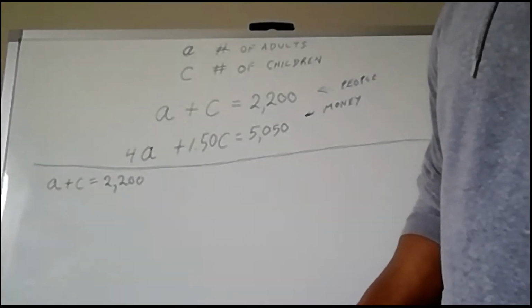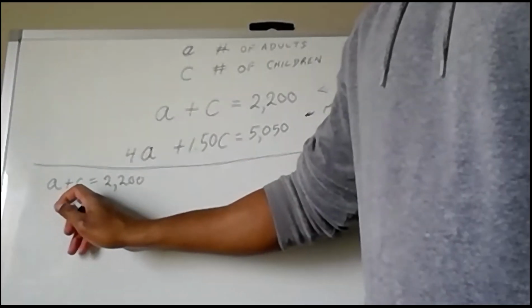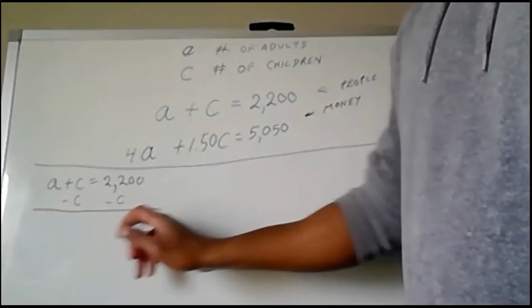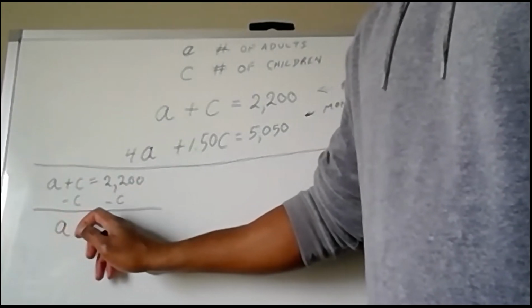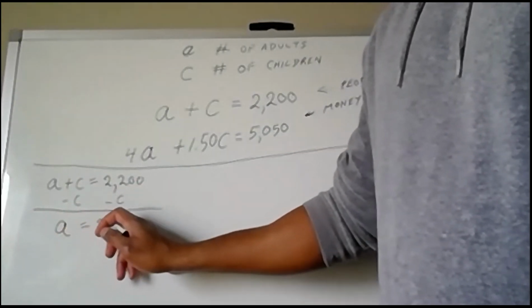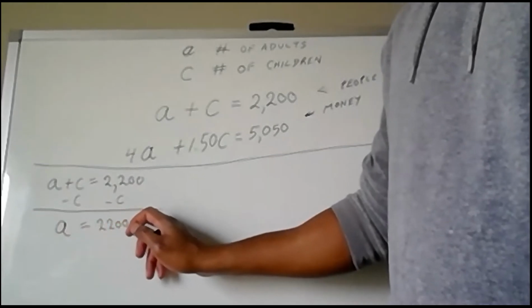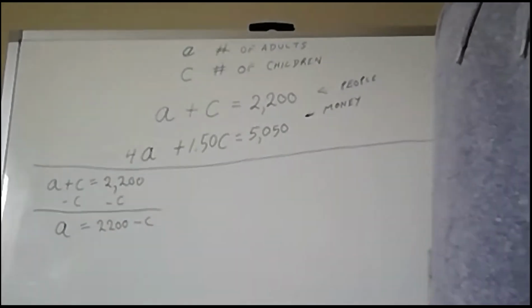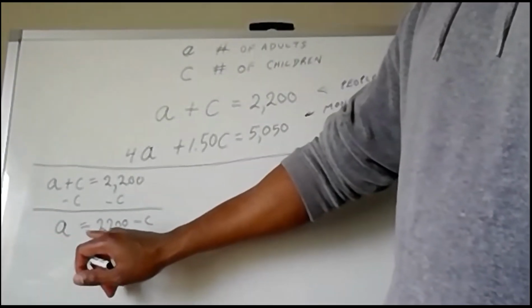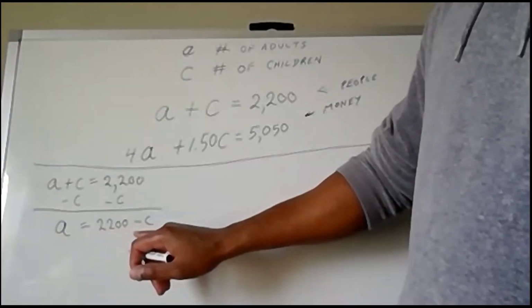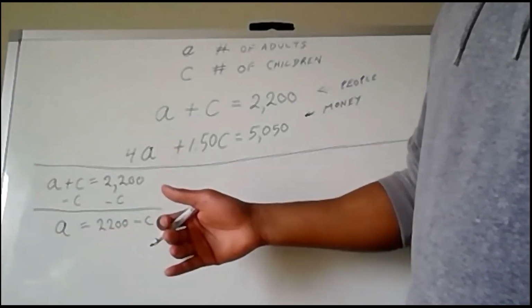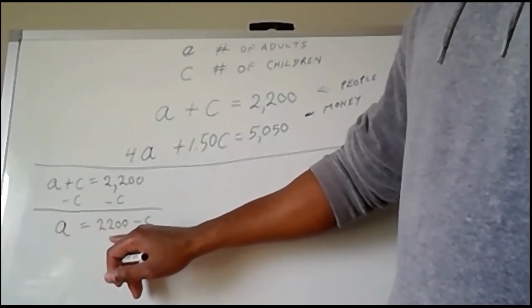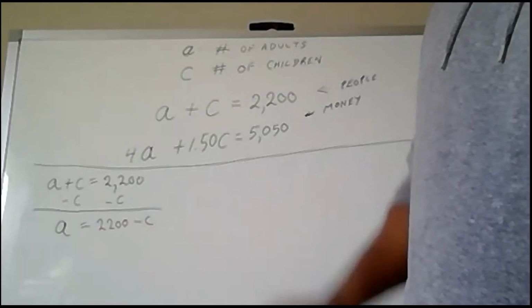So I will need to subtract C from both sides, and I'm going to end up with A is equal to 2,200 minus C. So this is telling me that the number of adults is equal to the total number of people, which is 2,200, minus the number of children. And that should make sense. The amount of adults there are is equal to all the people minus how many children there are.